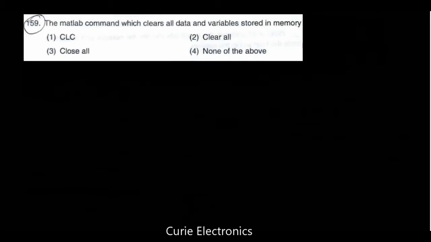Next question. What symbol precedes the comment in Matlab? See, after writing code, we have to put a percentage symbol to write the comment. So the answer is option 2, percentage in Matlab. Question number 159. The Matlab command which clears all data and variables stored in the memory is clear all.